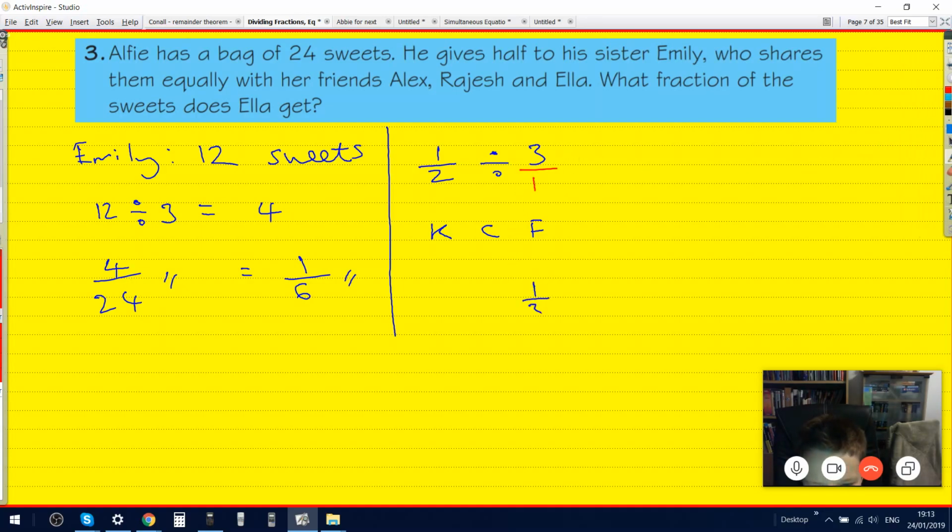And then you keep the 1/2, and you change the divide sign to a times sign. And 1/2 times 1/3 equals 1/6. That's it. And so whatever way you do it, you get the same answer.